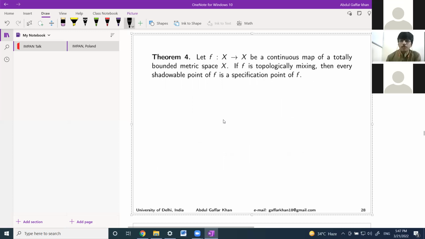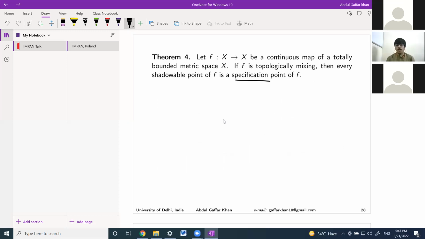The third application that we have observed is that if f is topologically mixing, then every shadable point is a specification point. This is important because we have not yet remarked whether pointwise specification is equivalent to specification or not.